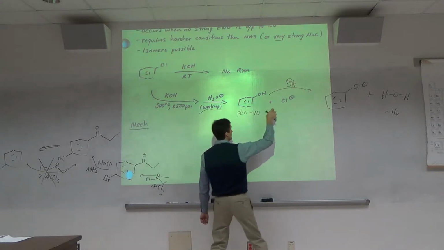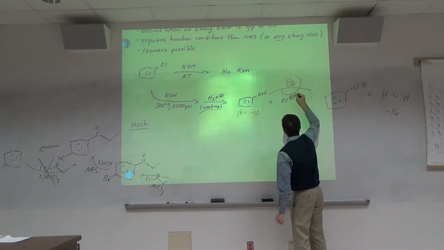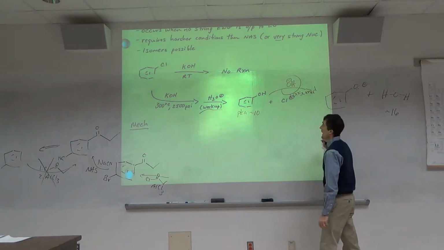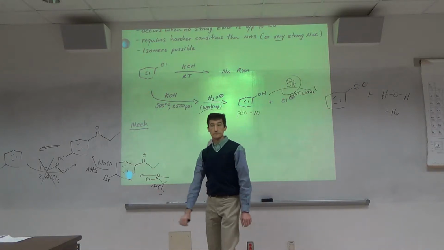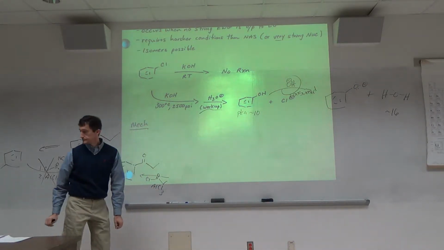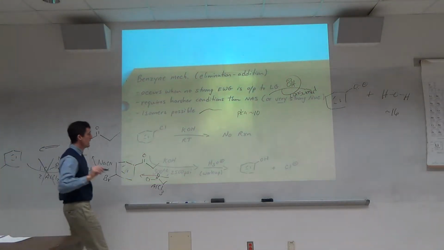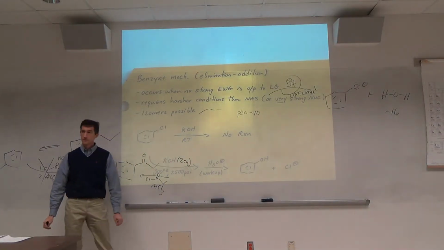Because of that, your hydroxide is consumed. Not only is this happening, but this is consumed. And so you need more over here to do that part. So actually, this requires 2 equivalents of hydroxide.